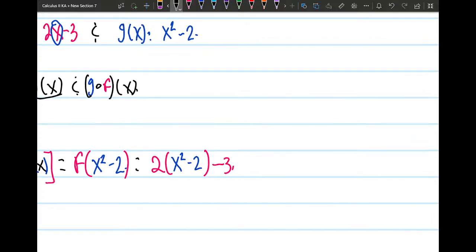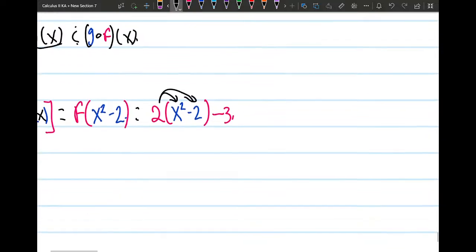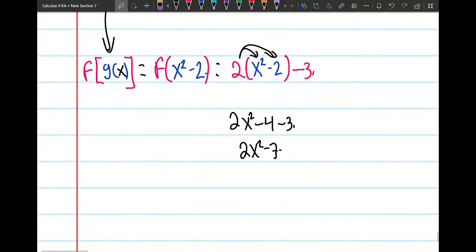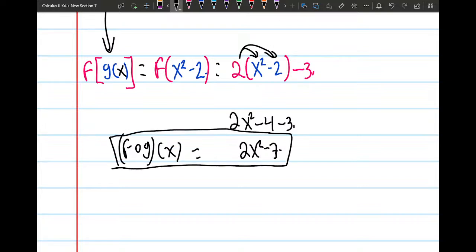And lastly, we distribute the 2 times x squared minus 2, and we end up getting 2x squared minus 4 minus 3, just 2x squared minus 7. And we know that f composed of g of x is thus 2x squared minus 7.